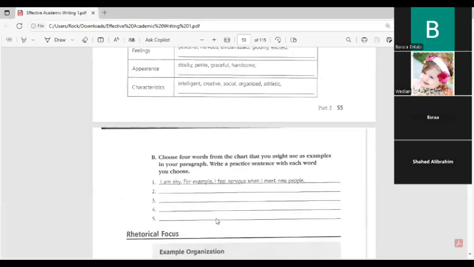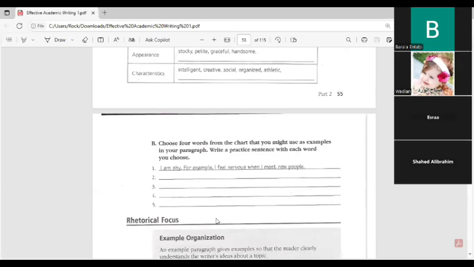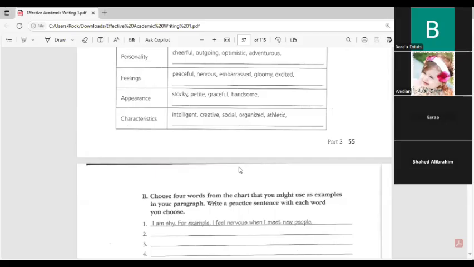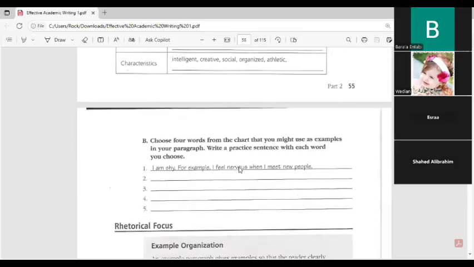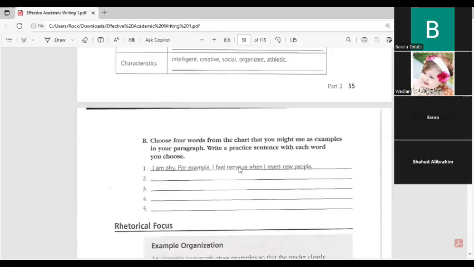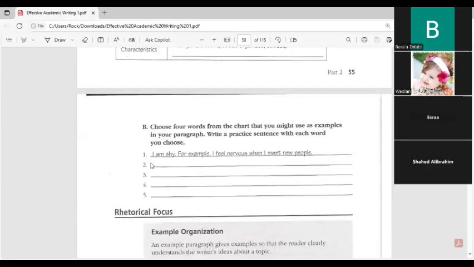So in this, you need to choose 4 adjectives, words from the chart, either to describe characteristics, appearance, feelings, or personality, and you need to add examples in order to convince the reader that, for example, you are shy, outgoing, creative, or social. Like in this example, I'm shy. For example, I feel nervous when I meet new people.